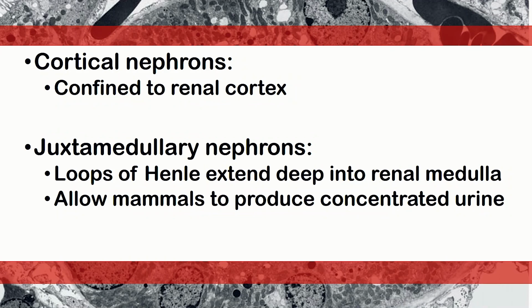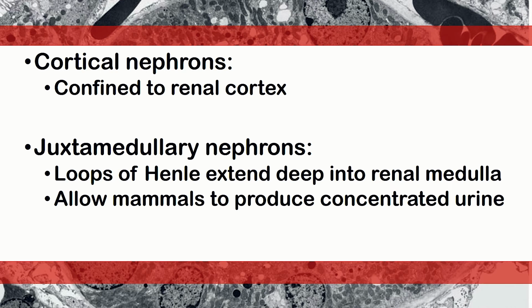We have two main types of nephrons that we need to concern ourselves with. The first of these is cortical nephrons. Cortical nephrons, as the name suggests, exist only in the renal cortex, only in the outermost portion of the kidney.